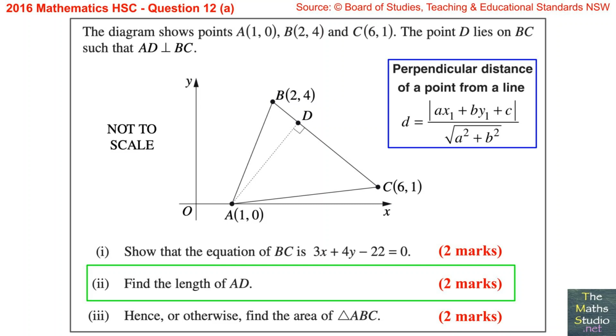Part 2. Using the perpendicular distance of a point from a line formula, D equals the absolute value of ax1 plus by1 plus c, over the square root of a squared plus b squared, find the length of AD.